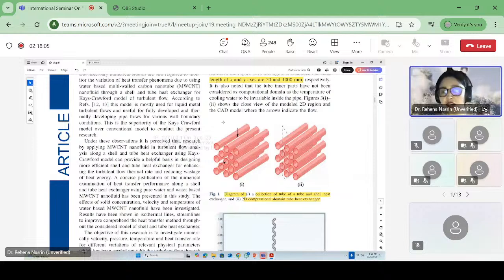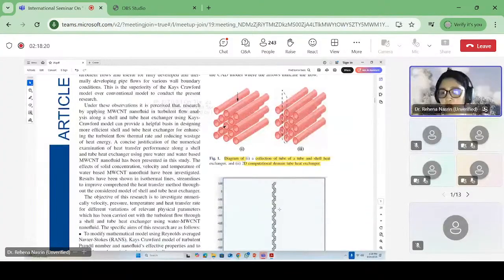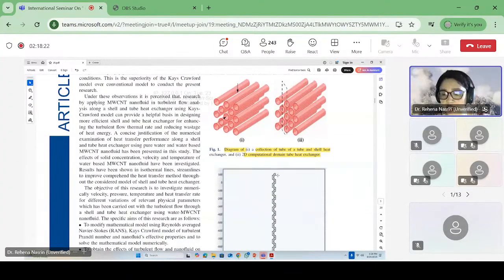So this is the three-dimensional geometry. And on the right part, you can see that if we cut our geometry along this dotted line, we can create this pattern. So we consider this pattern also.